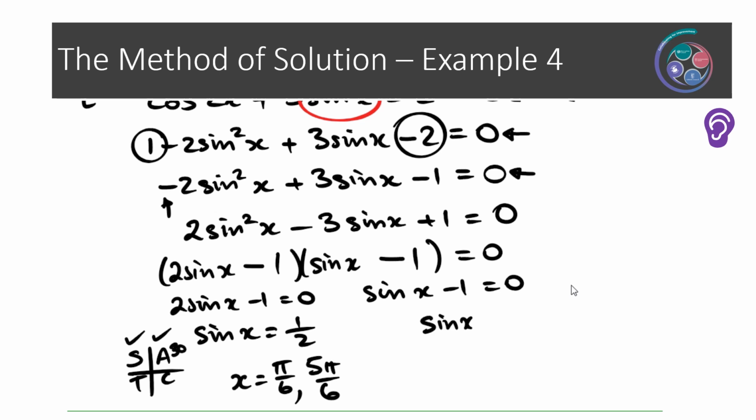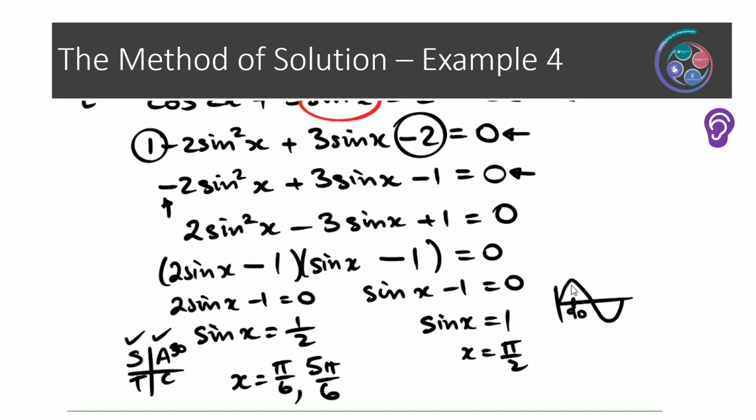Sine x take away 1 is 0 for the second factor. That would mean sine x equals 1. That comes from your little graph for sine. When is sine equal to 1? This point here, which is when x is, and again your brain's probably going 90 degrees, but you're writing down pi over 2 radians.